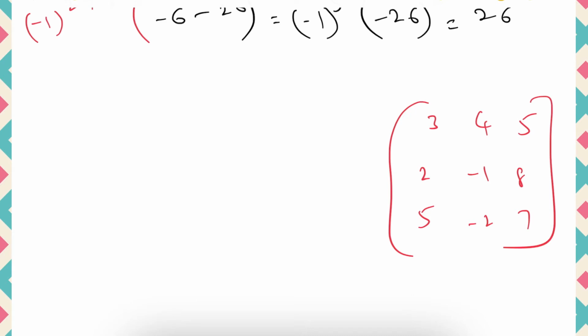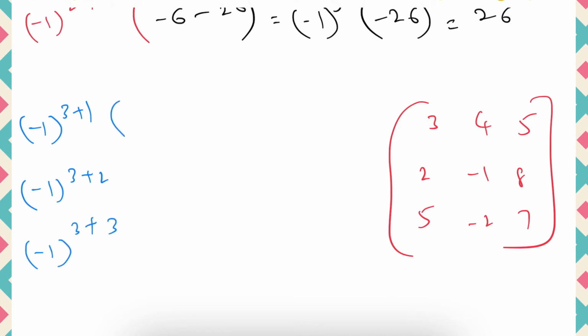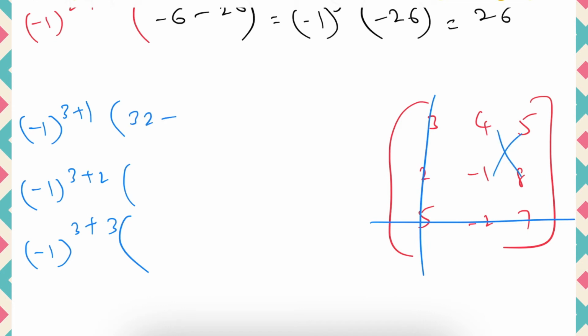Okay, minus 1 power third row first column, minus 1 power third row second column, minus 1 power third row third column. Okay, first let us move to third row first column. Third row first column: 4 8s are 32 minus 1 into 5 minus 5, already minus is there, so it will become plus 5.